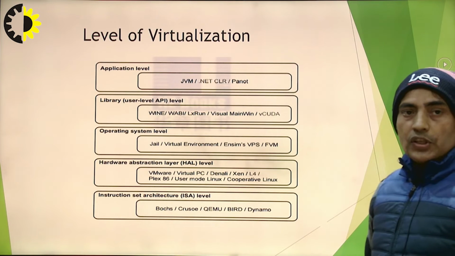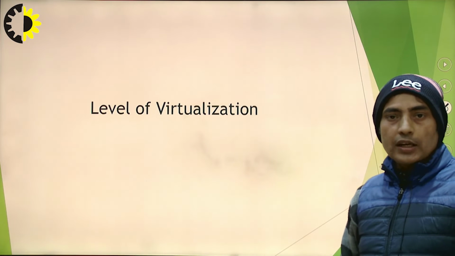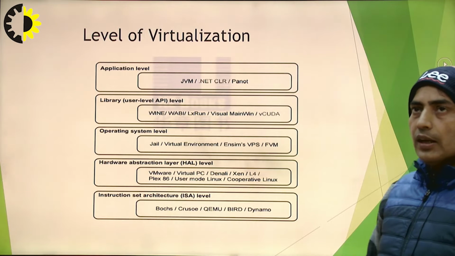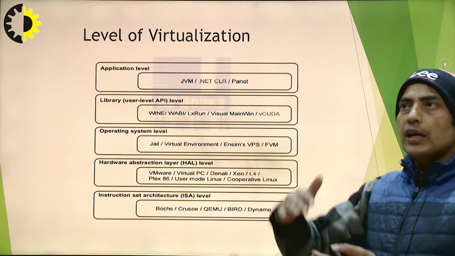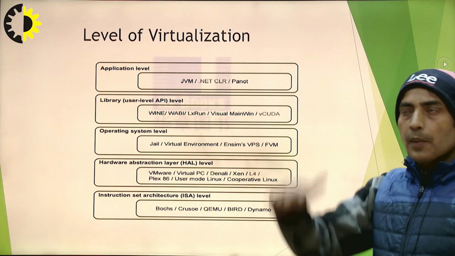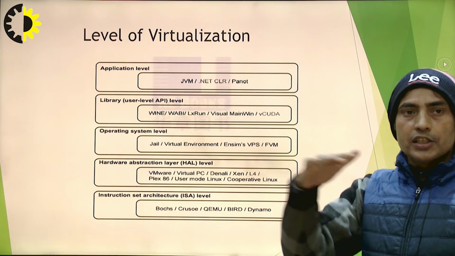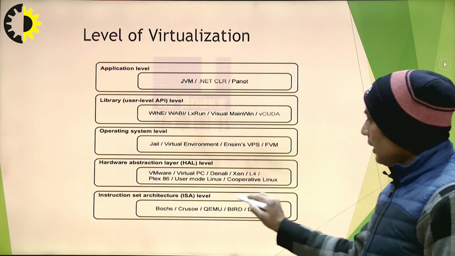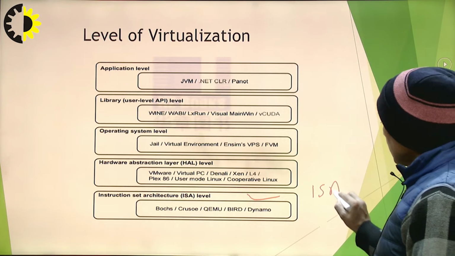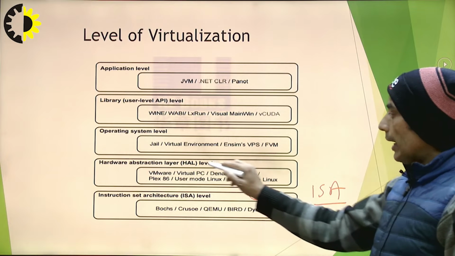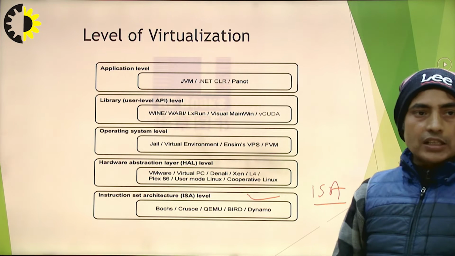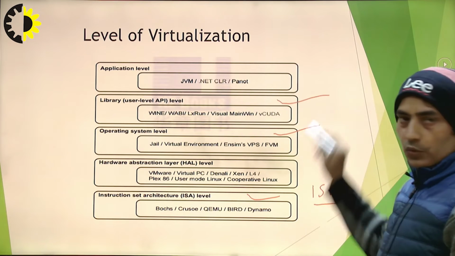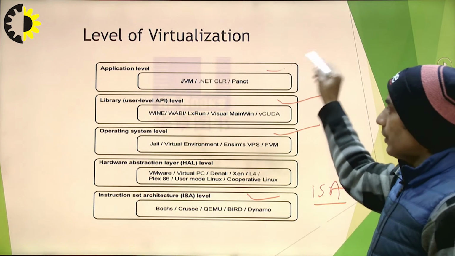So let us see the levels of virtualization. This is the most important topic. Levels of virtualization means the different levels in a computer system where virtualization can be achieved. There are five levels: instruction set architecture level, the ISA level, then HAL, the hardware abstraction level, then operating system level, then library or user API level, and finally application level.